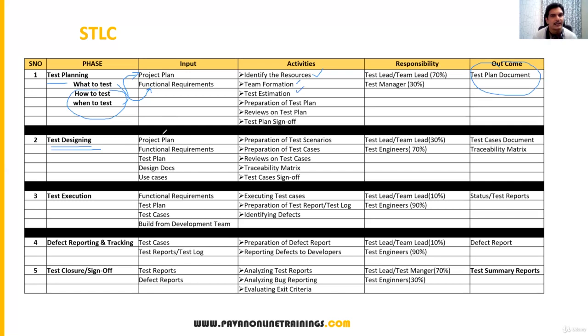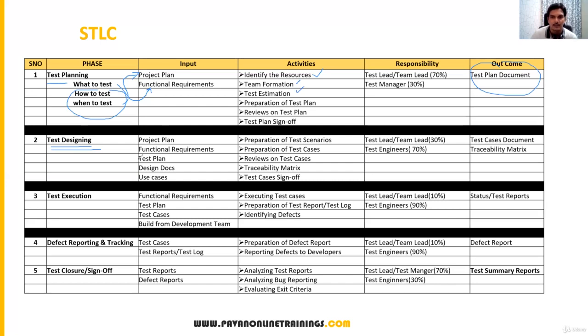The main activity in test designing is writing the test cases. This is a major task of the test engineer. The first and foremost responsibility of the test engineer is writing test cases, understanding the requirements and writing test cases accordingly. I'll tell you what a test case is and how to write test cases in the coming sessions, don't worry.